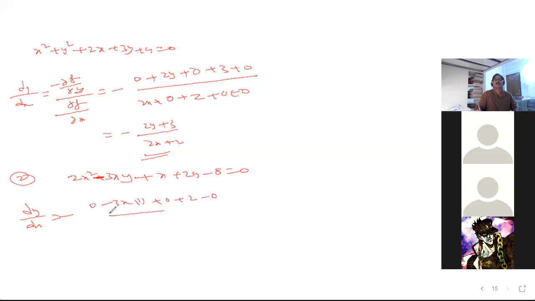This is with respect to y. Now with respect to x: 4x, here 3y remains, here 1, here 0. So on top what comes? Minus of this: minus 3x plus 2 divided by 4x minus 3y plus 1.